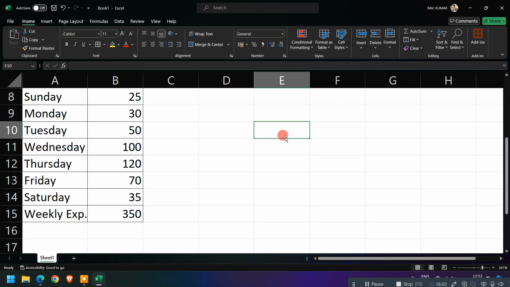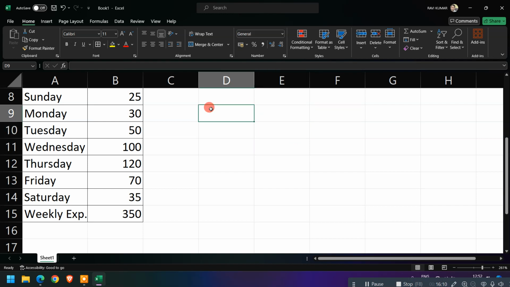Next, how to apply the compound formula. Compound interest or simple interest you have studied, so how can we apply them? For these types of formula, you need multiple operators like multiply, divide, addition, subtraction. These kinds of formula are known as compound formula.